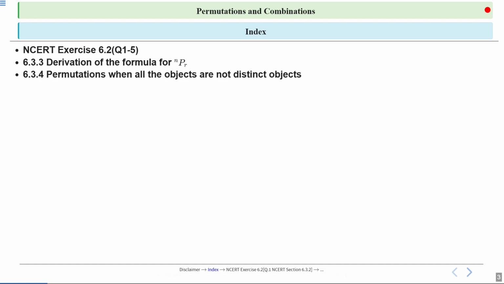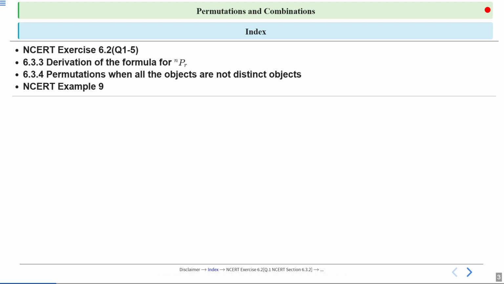Then we will find permutations when all the objects are not distinct objects. Then we will solve NCERT example 9. So I hope you are ready to start. Okay, so make sure you are with your notebooks and pens ready.